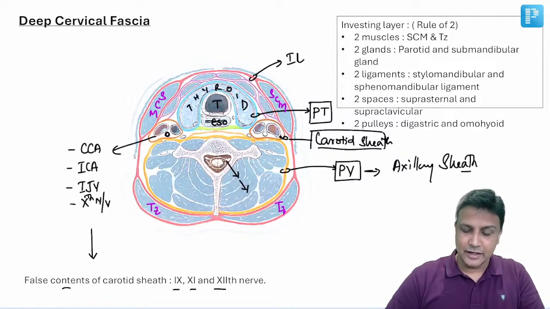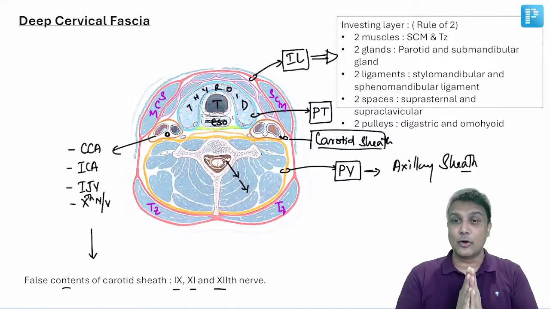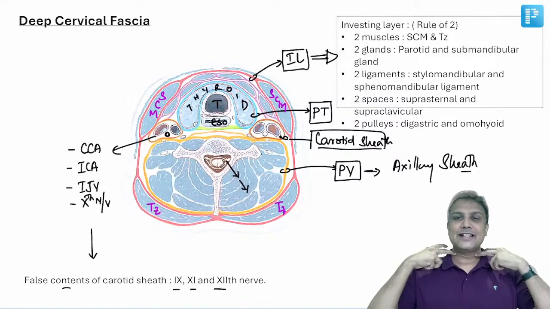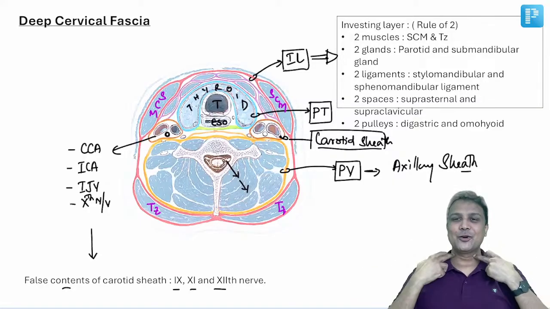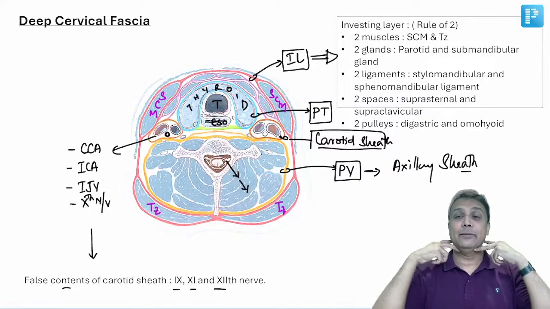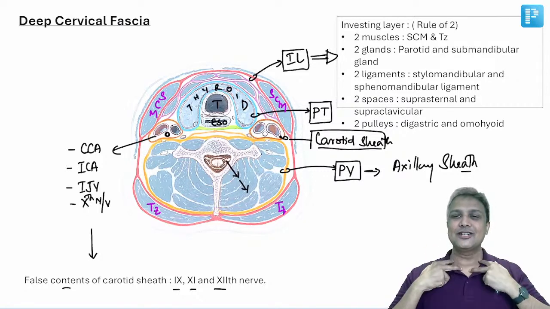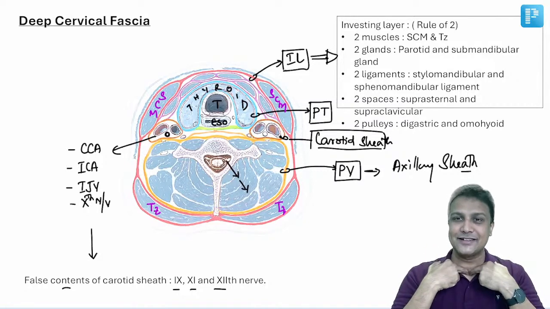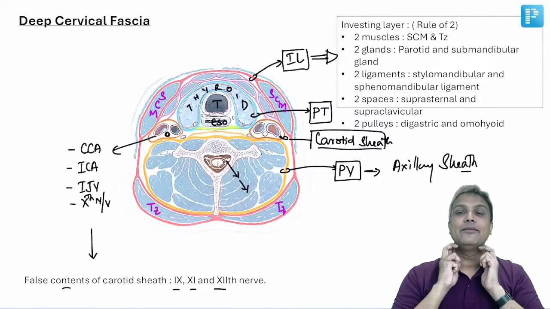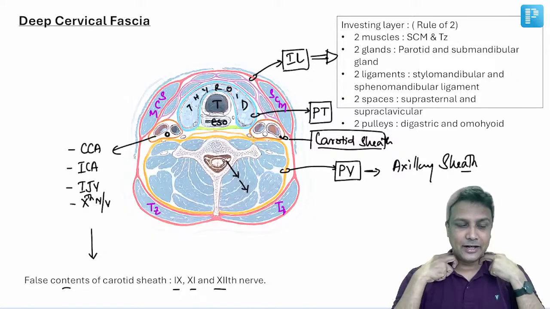For this investing layer, you have to remember the rule of two. Now, what is this rule of two? It is enclosing two muscles in the middle, sternocleidomastoid and the trapezius. A little above, it will be enclosing two glands, parotid gland and submandibular gland. A little below, it will be enclosing two spaces, the suprasternal space and the supraclavicular space. So remember it like this: above it is enclosing two glands, below it is enclosing two spaces, and in the middle two muscles.